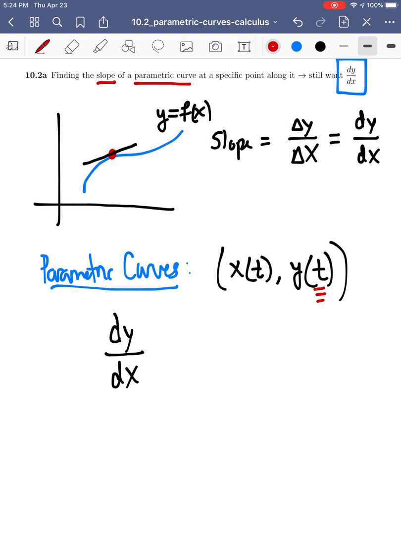We'll get into where this slope formula comes from for parametric curves. As a clue, we're going to use chain rule to derive it. But the big spoiler from this video: if we're looking for the slope dy dx, and we're given a parametric curve, it's actually the ratio of dy dt all over dx dt.